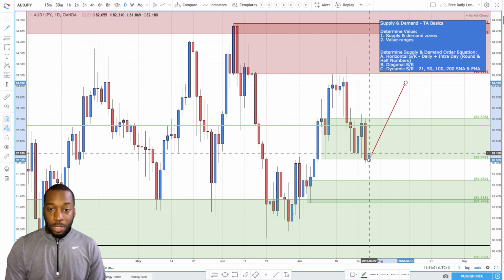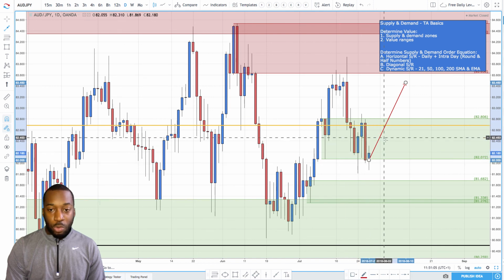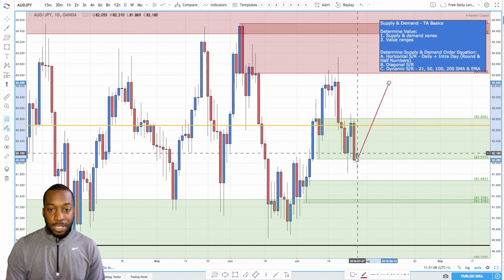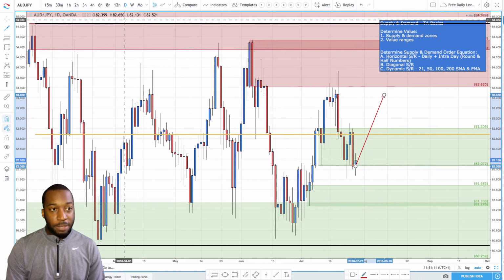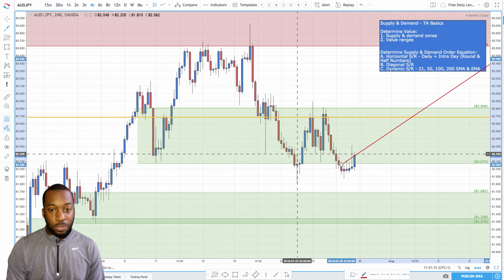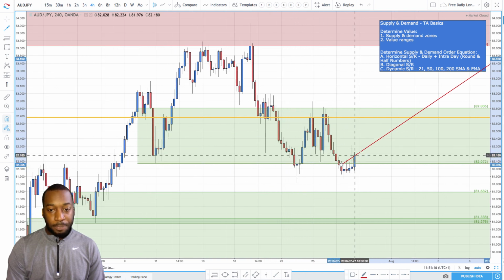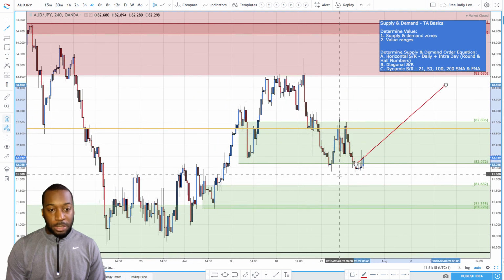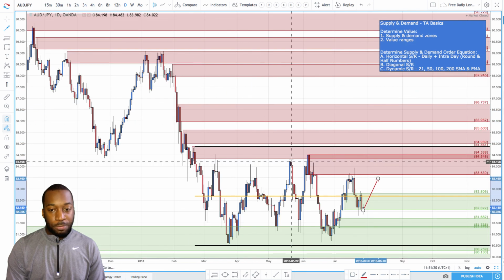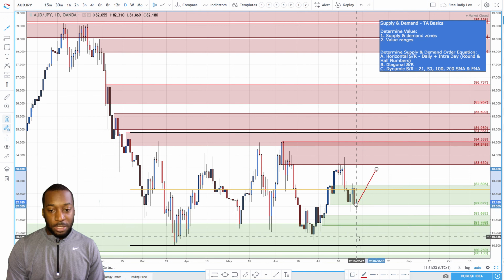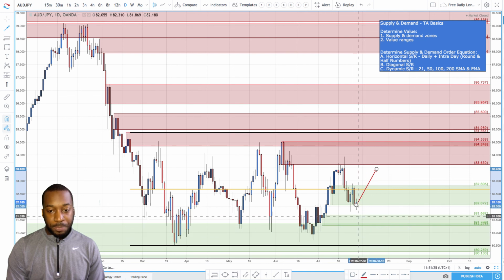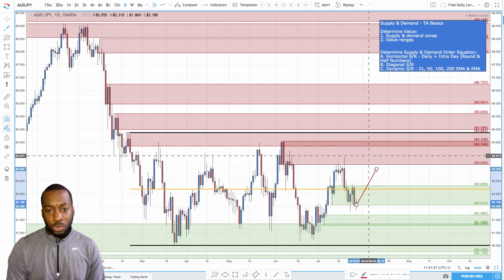So if you're looking to buy the Australian dollar at the moment, you are below fair value, so it'll be a decent buy if you're looking to take advantage of this potential double bottom pattern to the upside. I probably prefer if prices did come back down into this area right here, but that's not a bad buy at all.